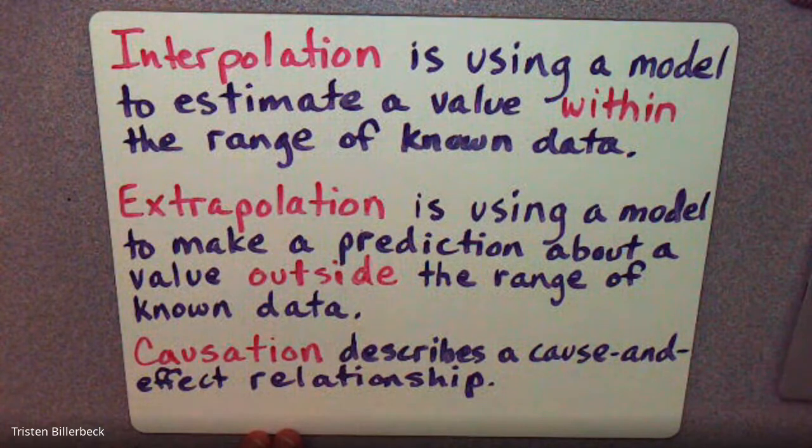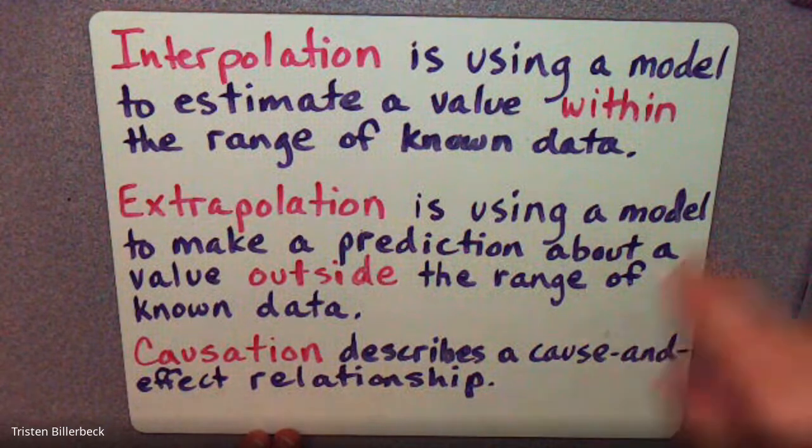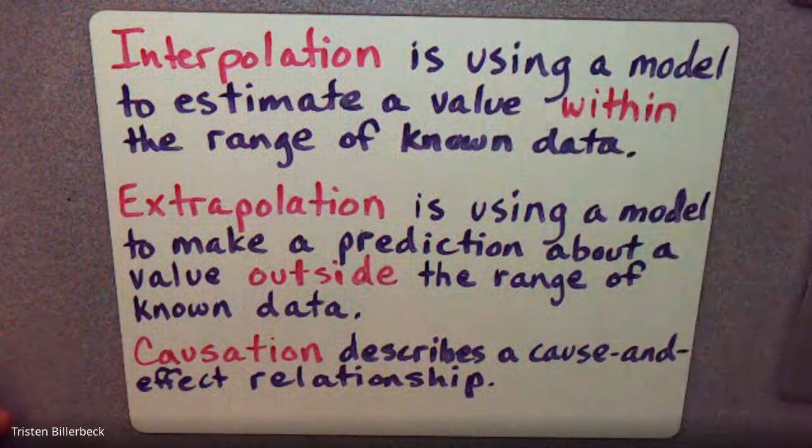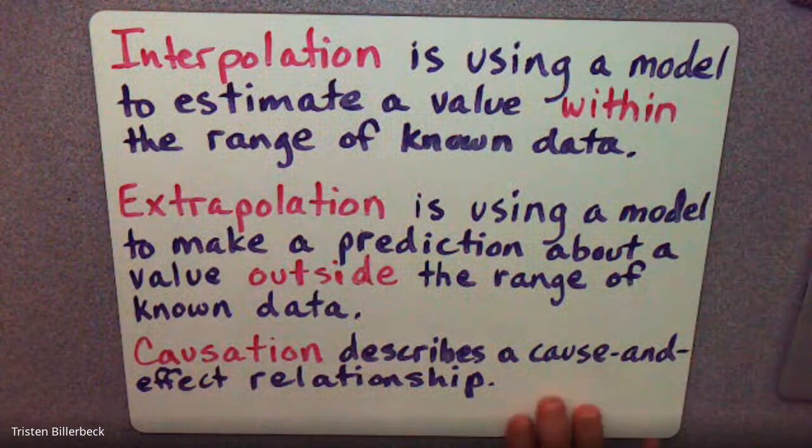So we really need to look at the data and see, is there really a cause and effect relationship between the two variables, the bivariate data? That is causation. It's very important. We'll discuss these things in these next 2 slides.